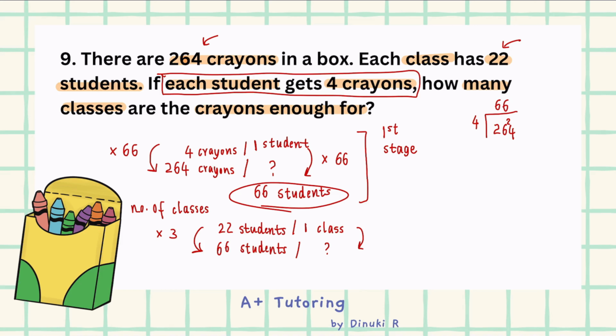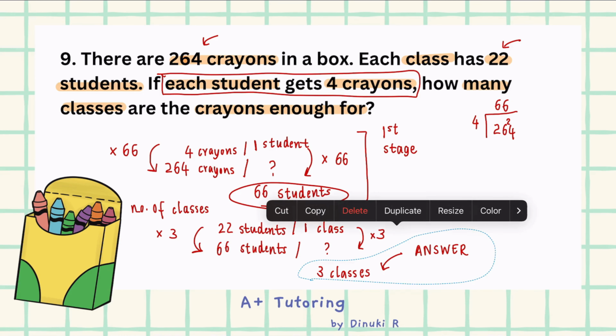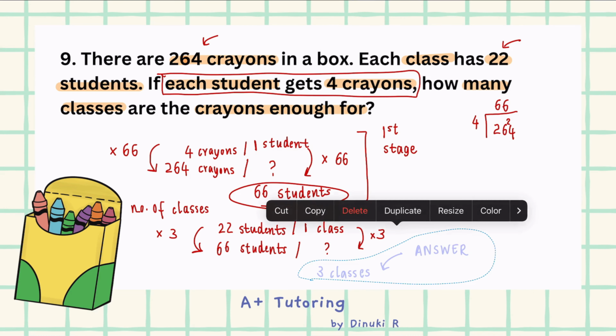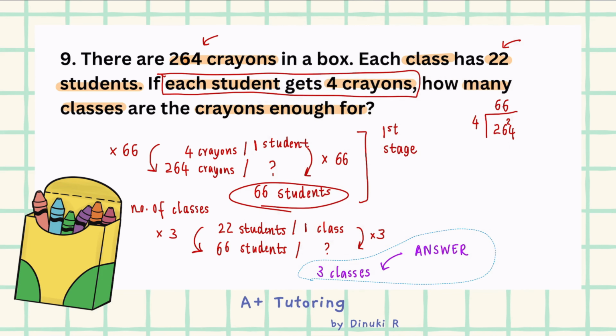And we have to do that to this side as well, which means we've got 3 classes. Let me use a different color so that it's a bit clearer. Right, we've got the classes, which is our answer.